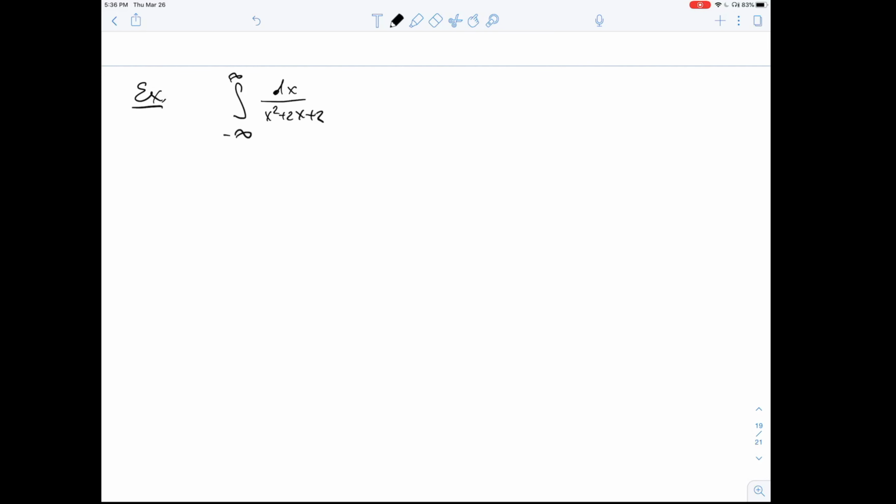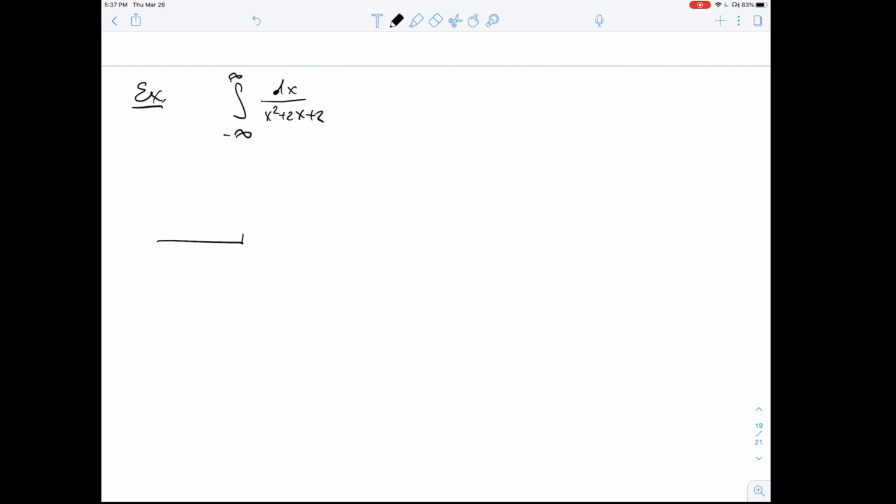You complete the square and you realize that it's an arctangent. So the answer should be something like pi over 2, although I'm not exactly sure. It won't be pi over 3, which is nice, or pi over 6. So let's do it.